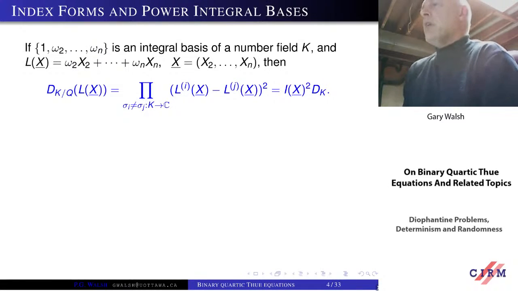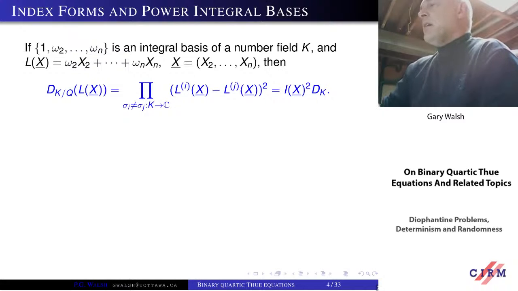The discriminant of this linear form from the number field K down to Q is defined in the obvious way. You look over the embeddings of K into the complex numbers. You look at all the possible differences and square them. So this is the standard definition.